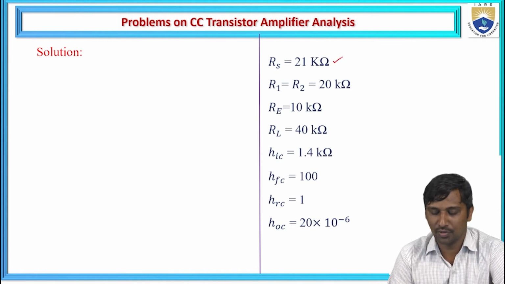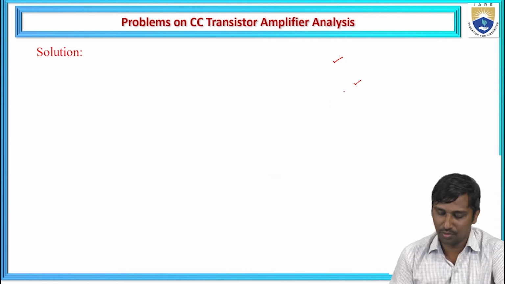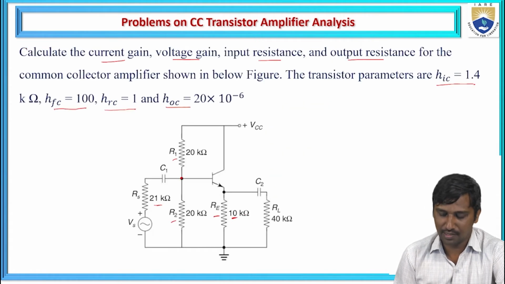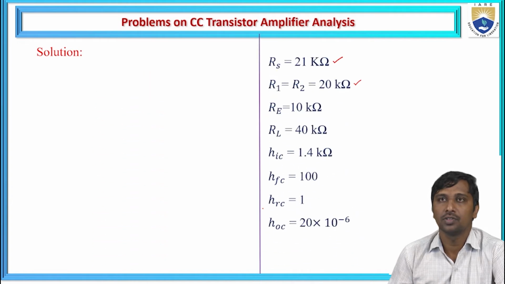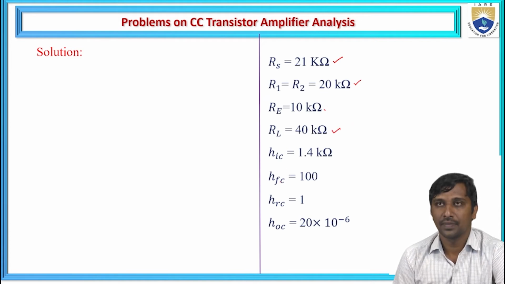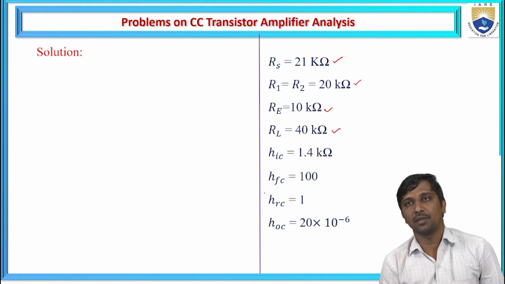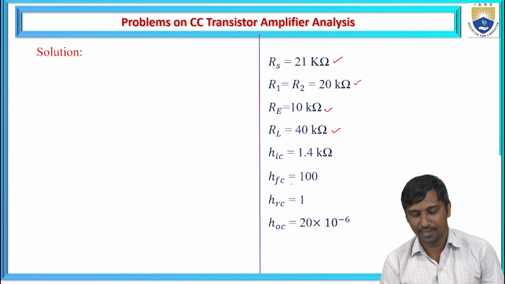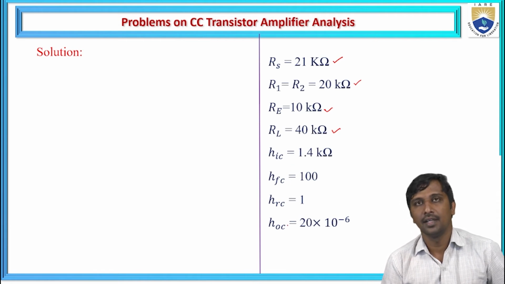The source resistance is 21 kilo ohms from the circuit and the given specifications. R1 and R2 are 20 kilo ohms. If you observe the circuit, the emitter resistance RE is 10 kilo ohms. The load resistance is 40 kilo ohms. Apart from that, the problem gives the small signal model specifications hic, hfc, hrc, and hoc.